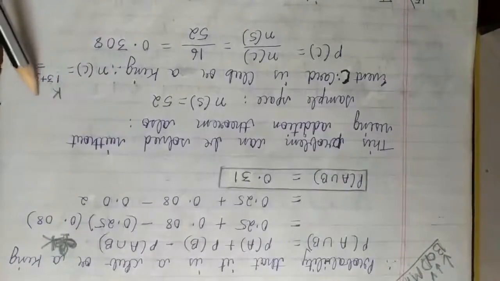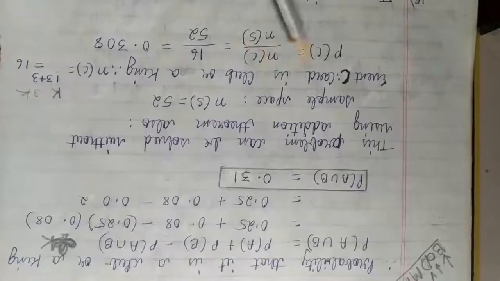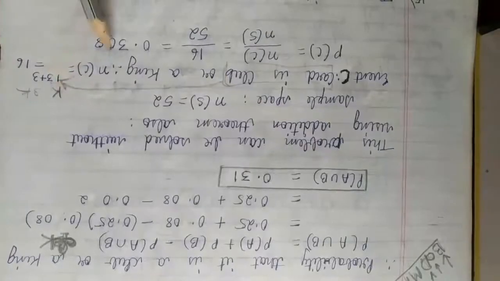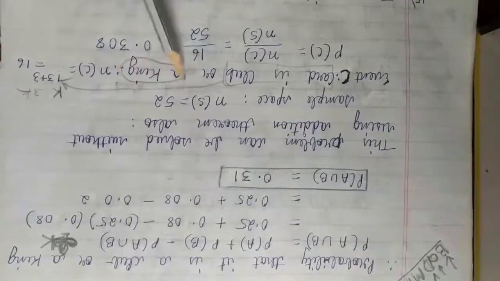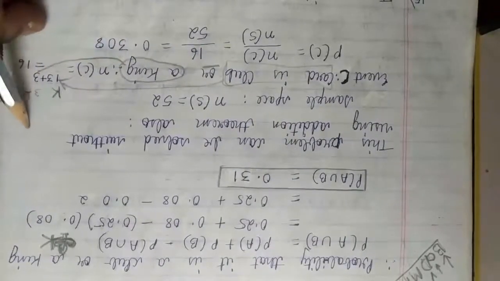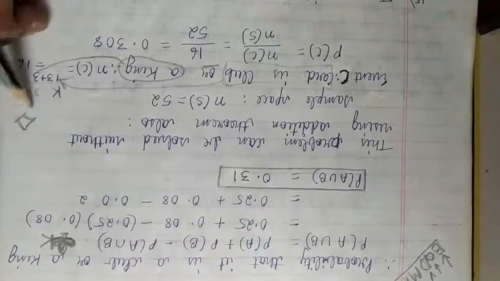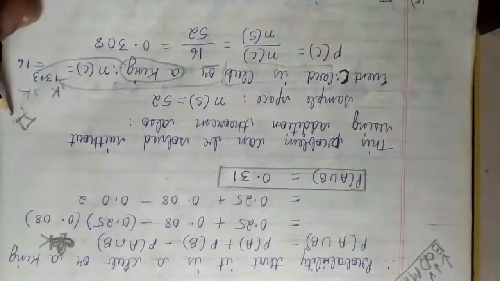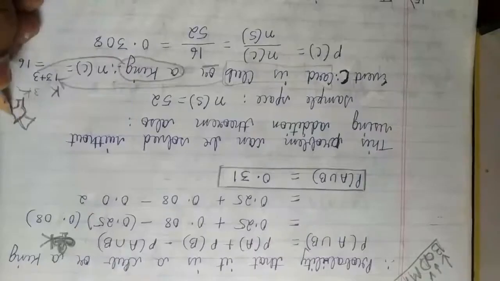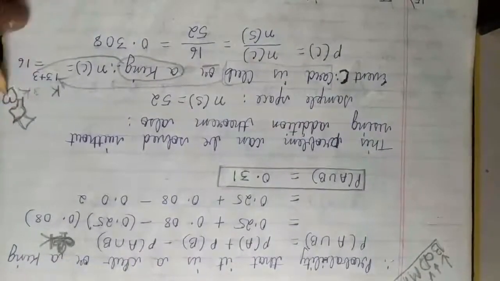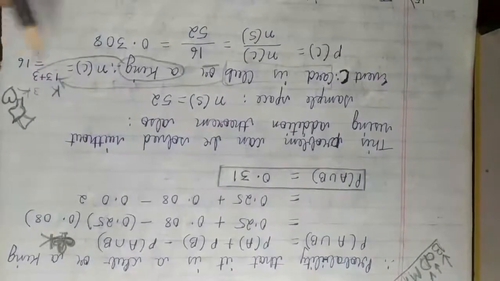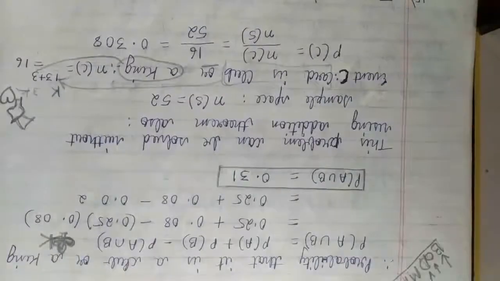Plus there are 3 other kings, because the card is a club, total 13 clubs we have, or it is a king, so there are 3 other kings of diamond, spade, and heart. One king is already included in this 13. So 13 plus 3 is equal to 16. So total number of cards which are either club or king is 16.